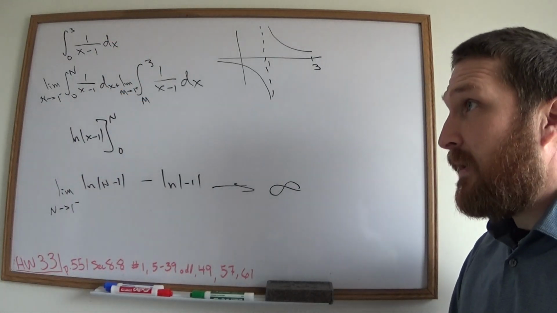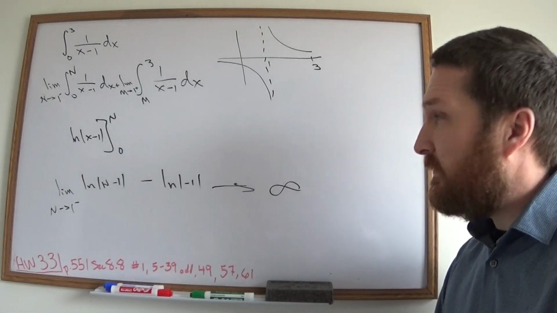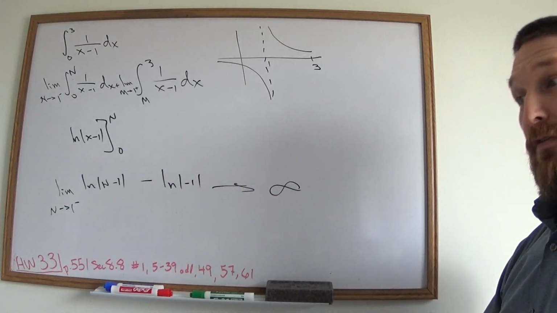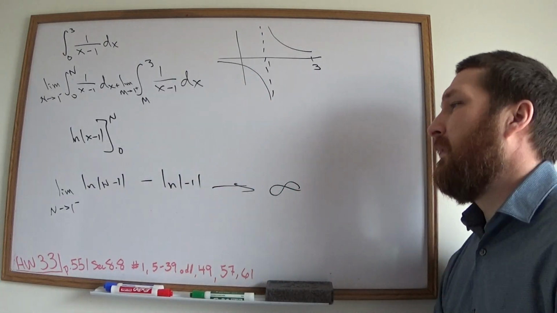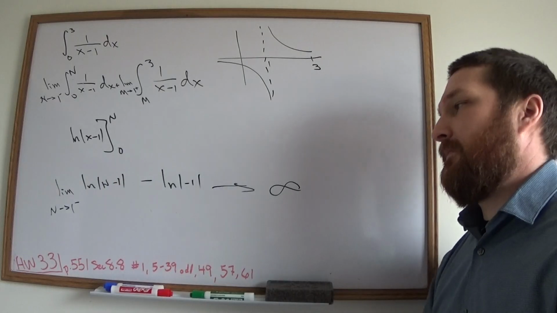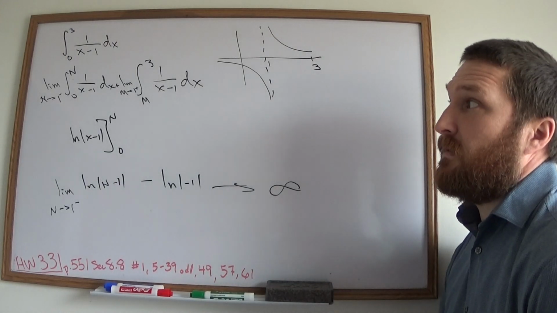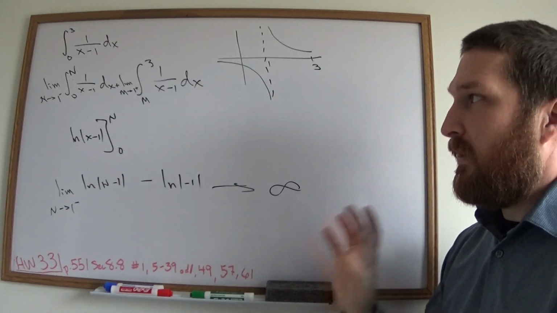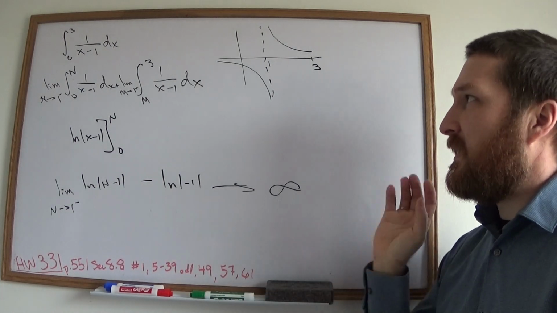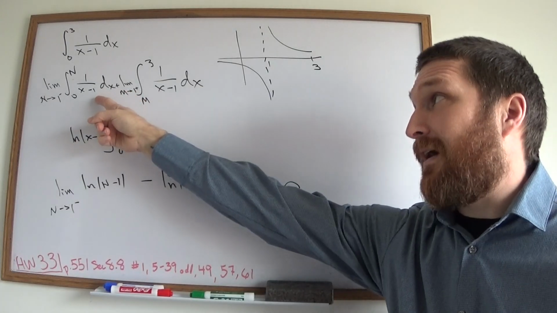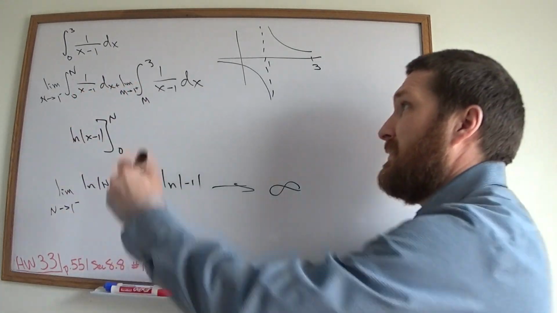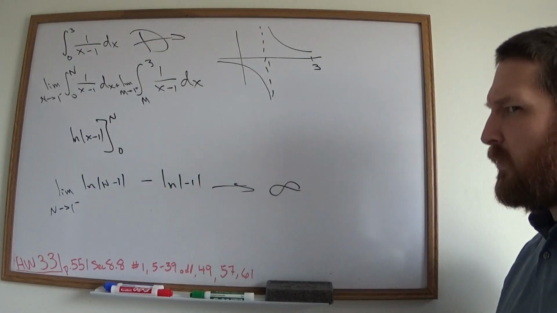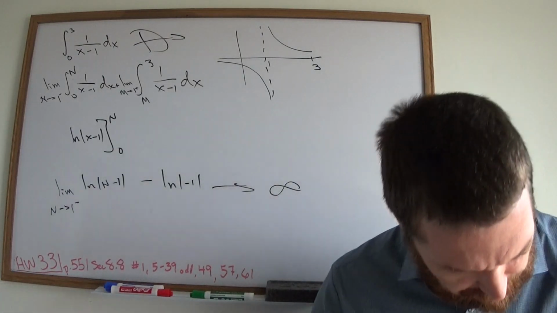You could play a game, and physicists love to play this game where they say one goes to positive infinity, the other goes to negative infinity, add them together and it goes away. In certain contexts it makes perfect sense to do that, but that's not what we're talking about here. In our class, we're dealing with whether this converges. That integral does not converge, so we're done. This diverges. Everybody okay with that?